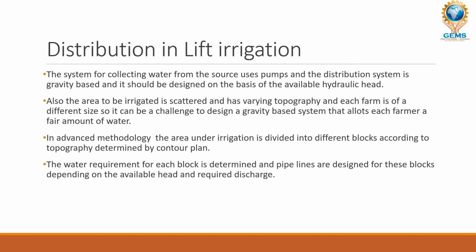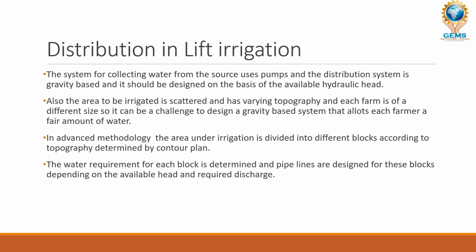You have to see whether the particular percolation tank is connected so that it irrigates all the scattered places across the total region of the canal. You have to analyze it. Then, in the advanced methodology, the area under irrigation is divided into different blocks according to topography determined by the contour plan.